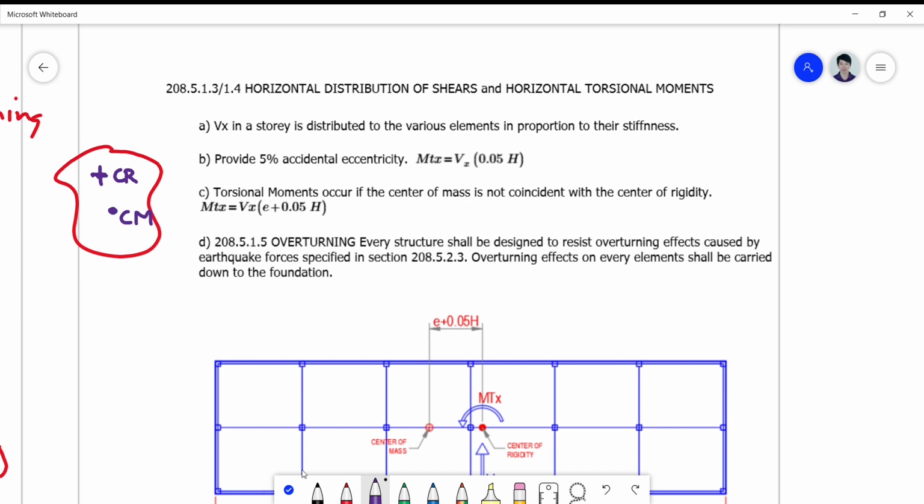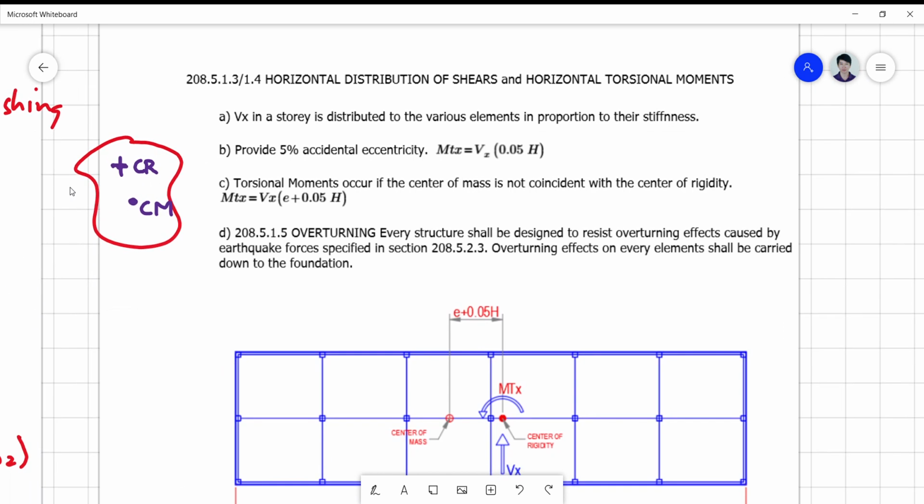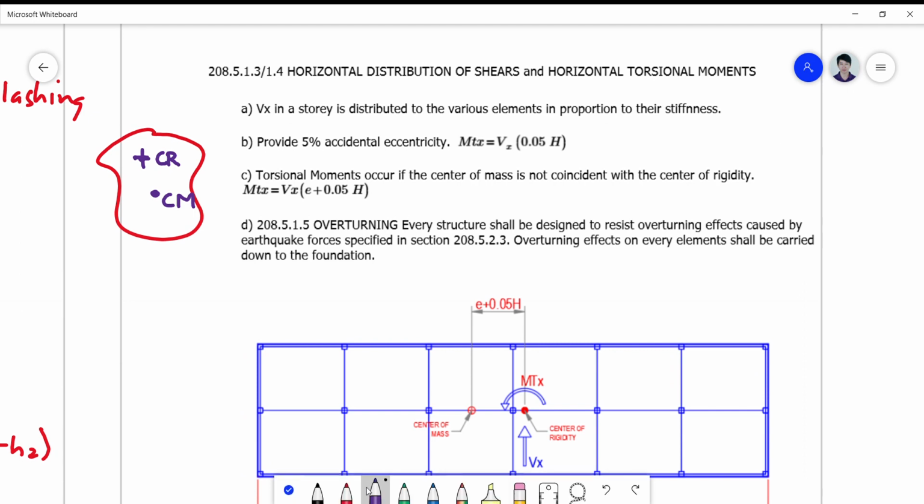If I have an axis directional on the basis of the distance between these two centroids, this eccentricity will create some torsional behavior on the body itself.